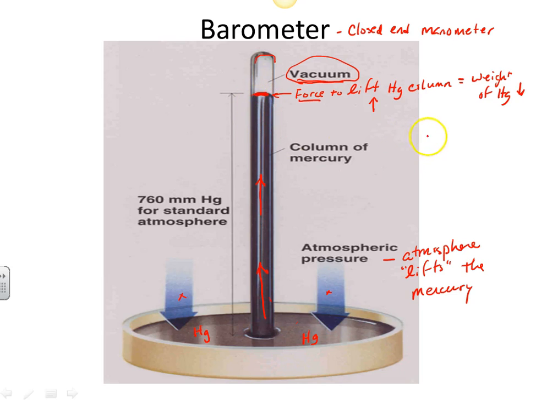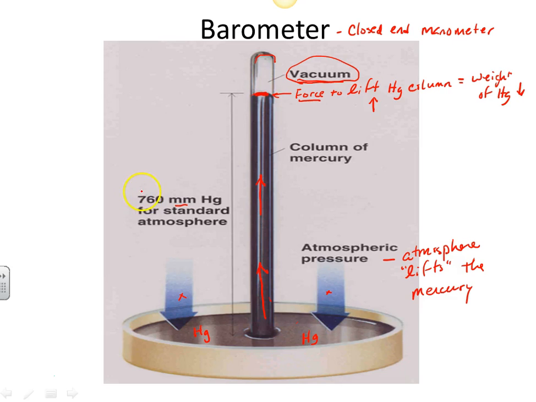But gravity, or the weight of the mercury, is going to be the same regardless, because the barometer would be generally mounted in a room somewhere, and gravity is not going to change in a particular room. You can't see it on this particular tube, but there would be some sort of measurement ruler back here, marked in millimeters, inches or centimeters.